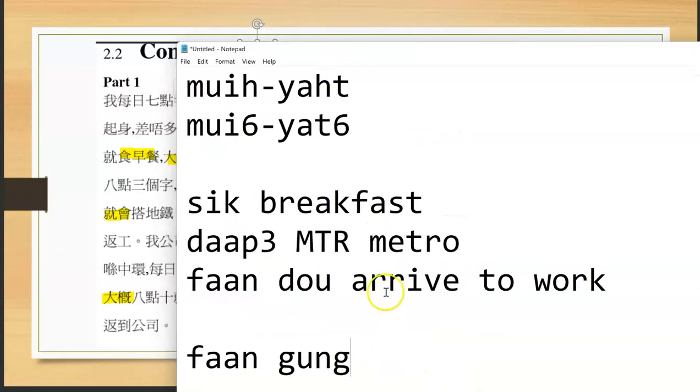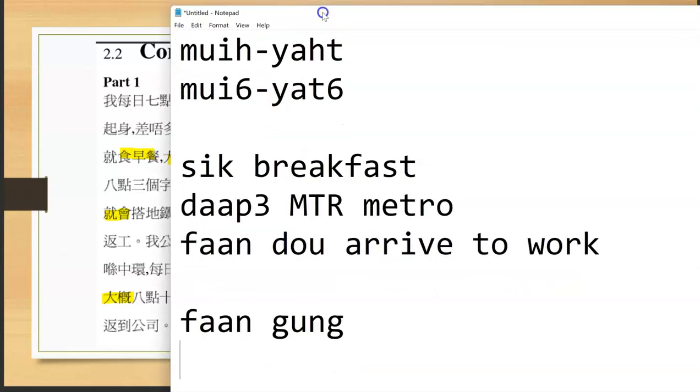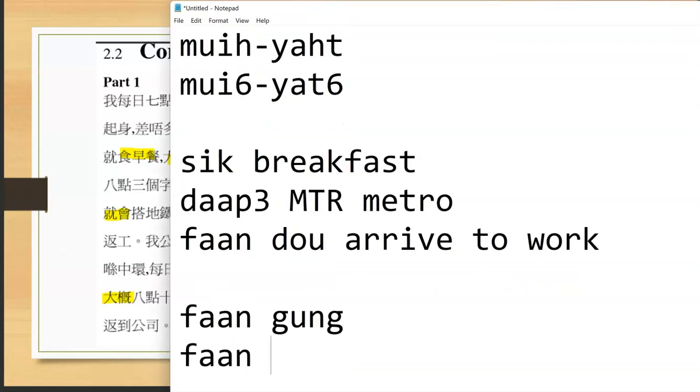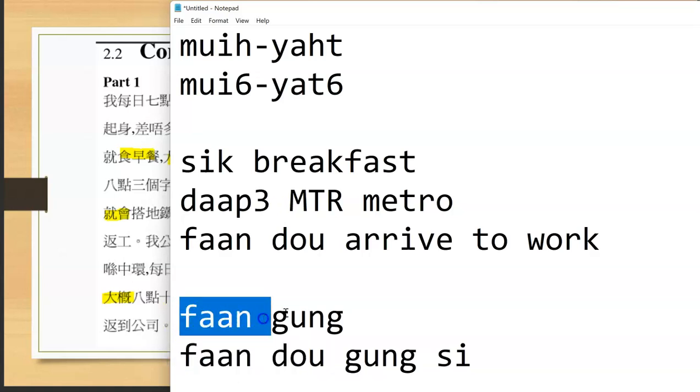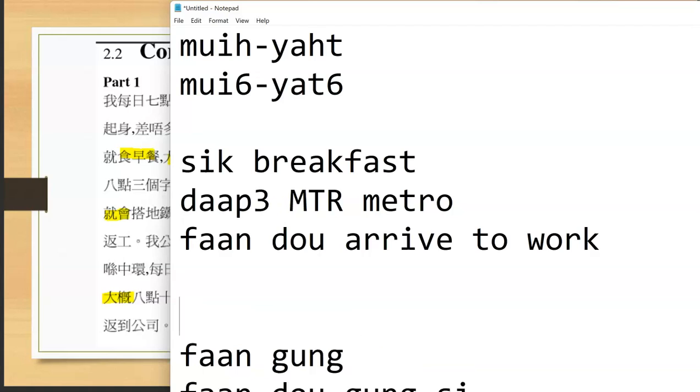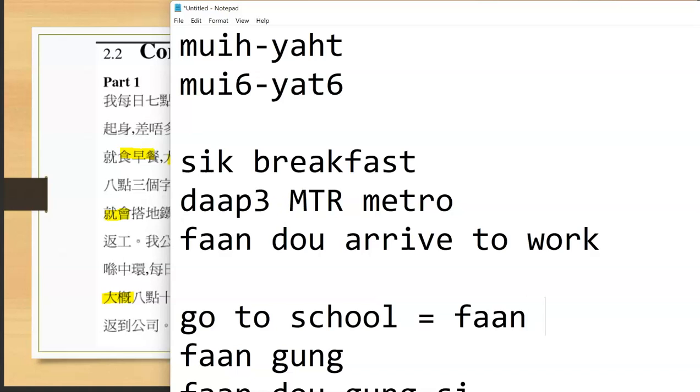So what's the difference between 返工 and 返到公司? 返到 is arrived. This one is just go. Like go to school is 返學.